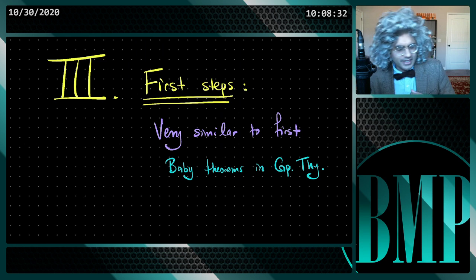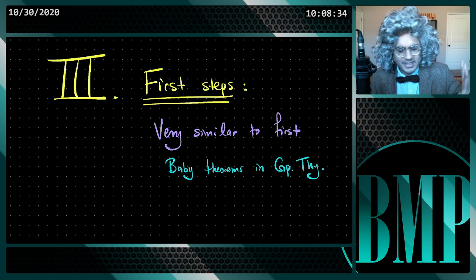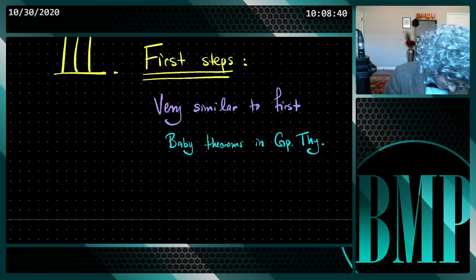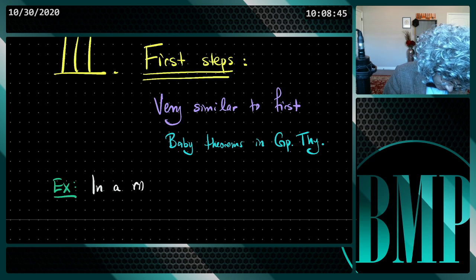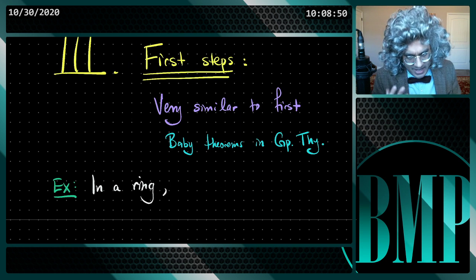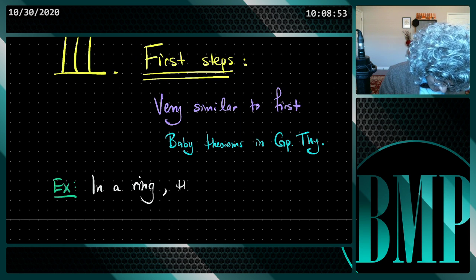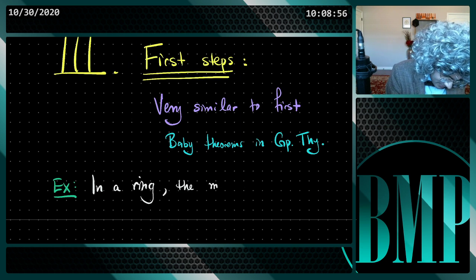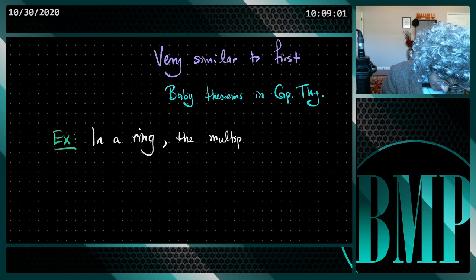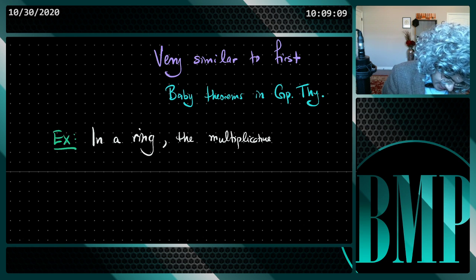Like you show that the one element is unique, in a ring where we assume there's a unity element, the multiplicative identity element.